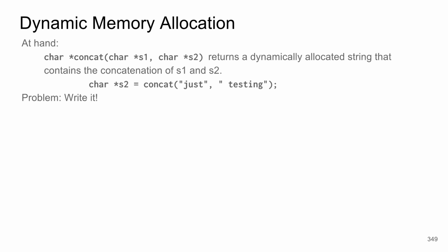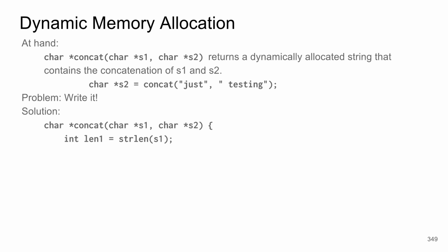So let's go ahead and just work on this real quick because we have like 1 minute left. So here's our solution. We have our function definition. And the first thing that we're going to want to do is, because we're returning a dynamically allocated string, we want to allocate that memory, right?